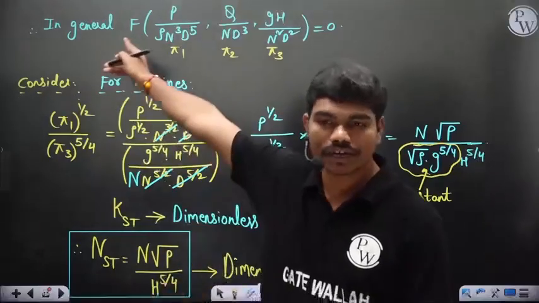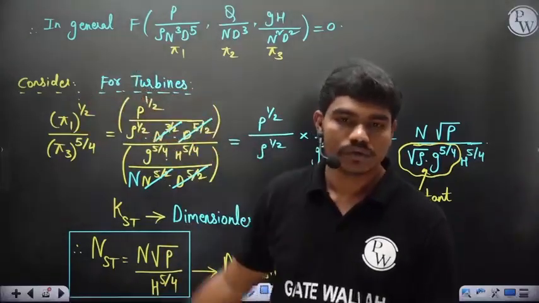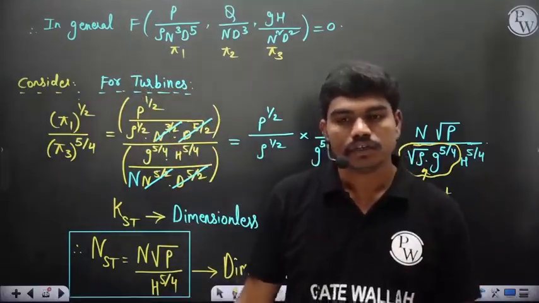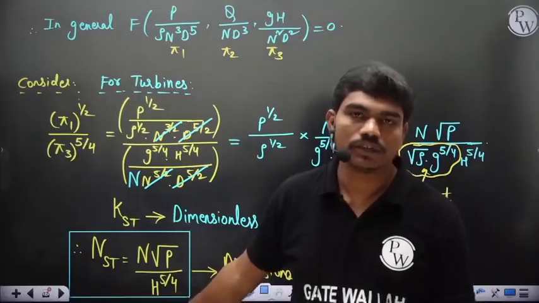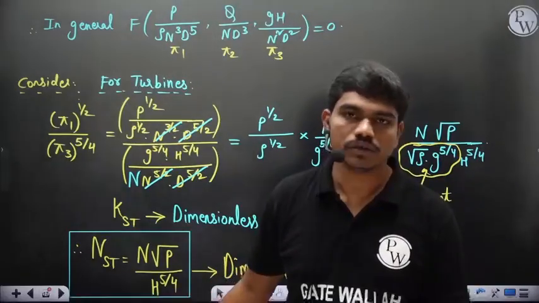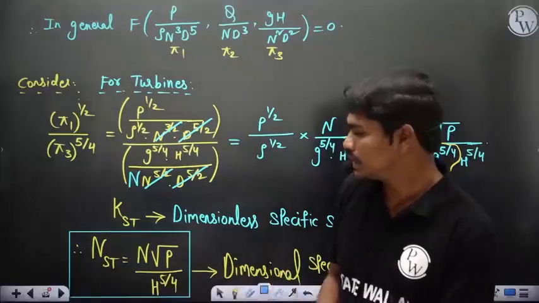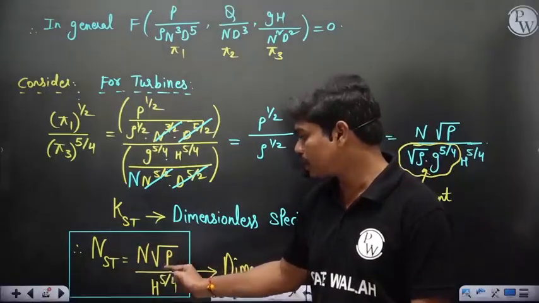Now did you understand why I have done dimensional analysis to figure out things? Okay, so this is the speed at which the machine should run to generate 1 unit power under 1 unit head, because if you want to take NST equal to N, you should make P as 1 and H as 1.